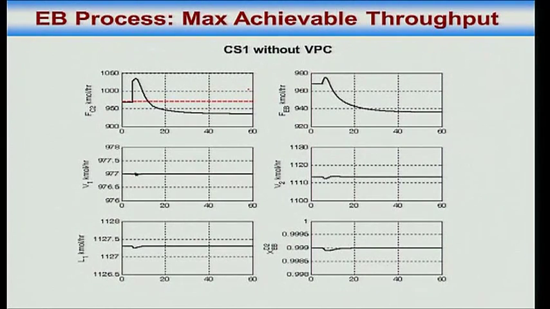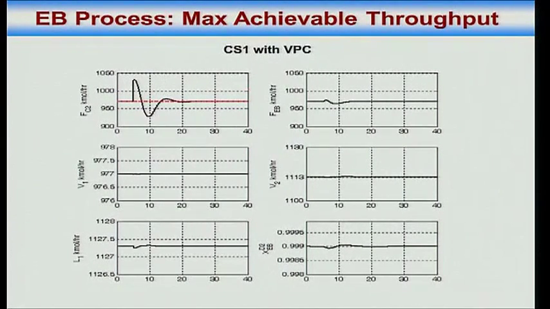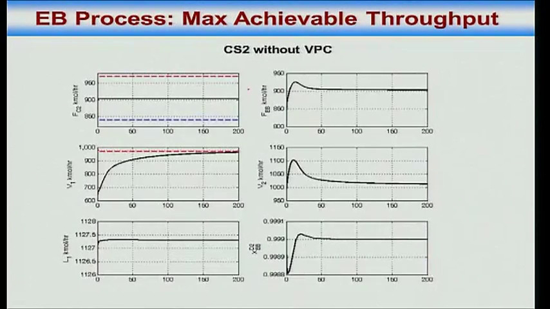In CS1 with the VPC, the throughput comes back to wherever it was. What is interesting is CS2, the conventional control structure. If you don't put in that VPC, I am at 840 kilomoles an hour of ethylene FC2.